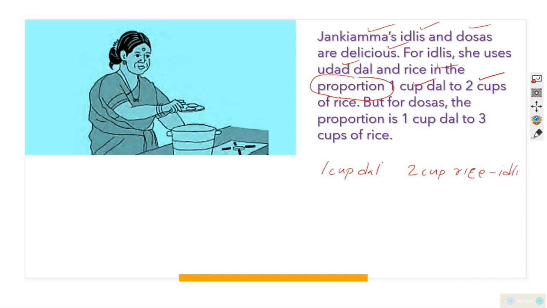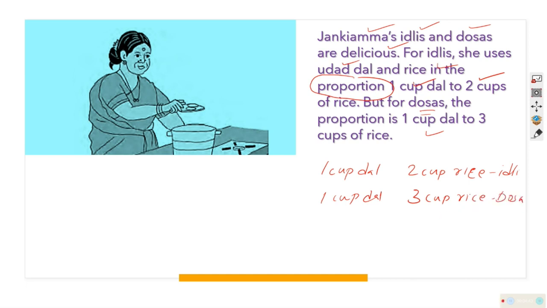But for doshas, she used 1 cup dal and 3 cup rice. This is for dosha.